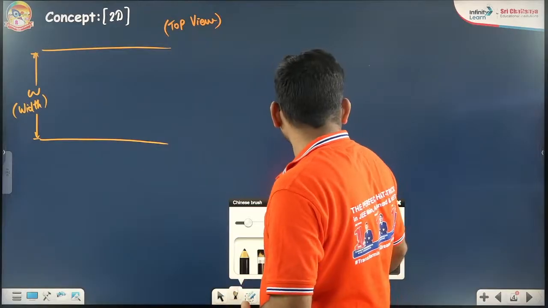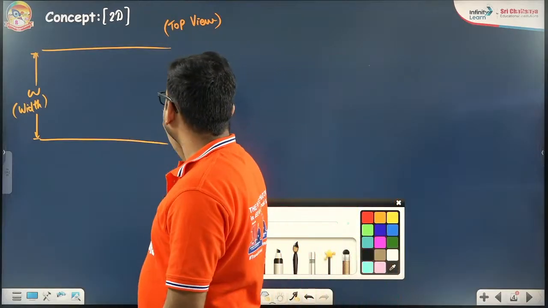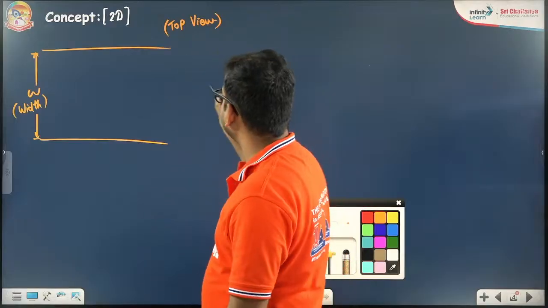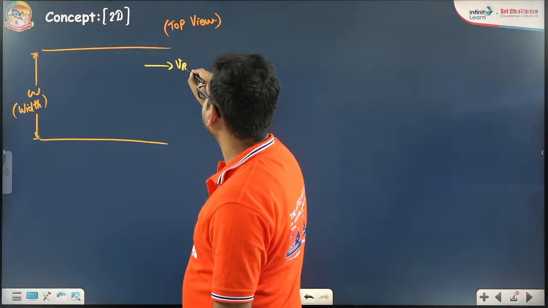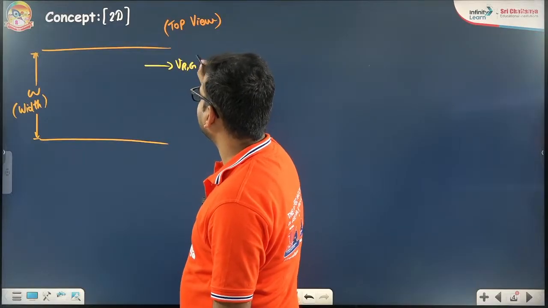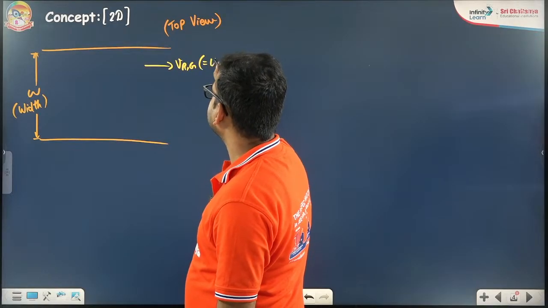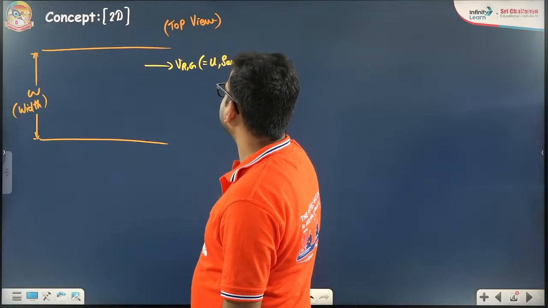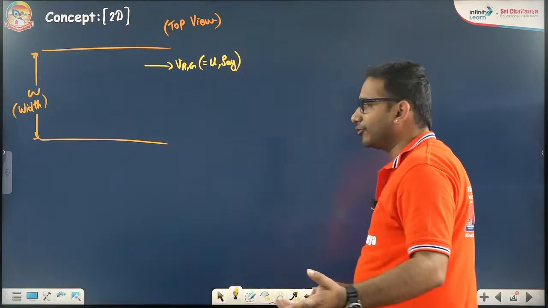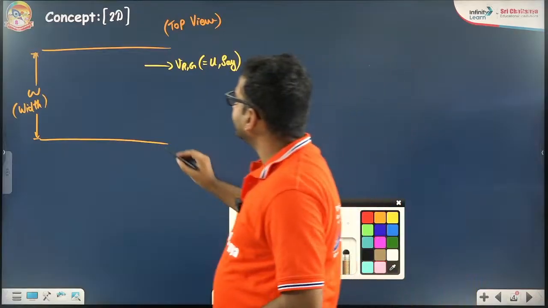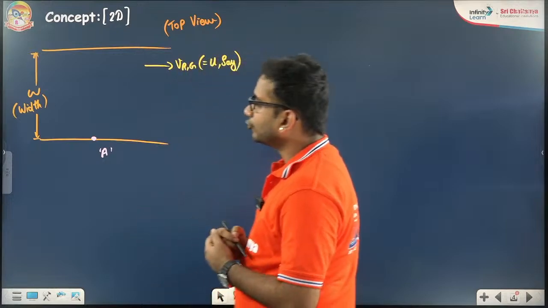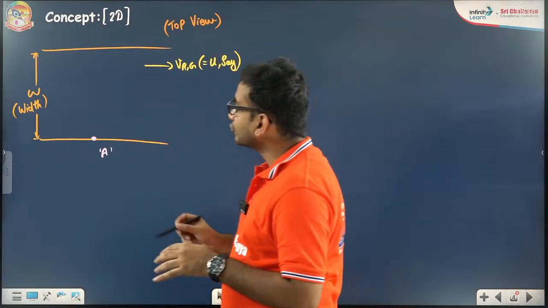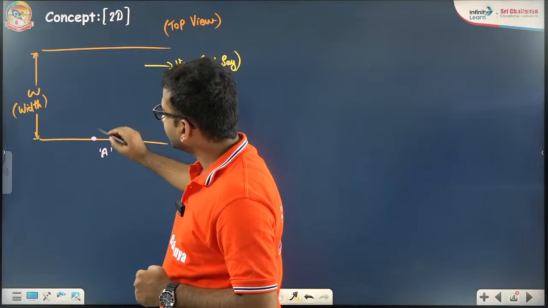So here what is happening, the river is moving in this direction, and this is the velocity of river with respect to ground, that is u. And suppose somewhere here at a point A, there is my boatman or the swimmer, and he wants to cross the river.